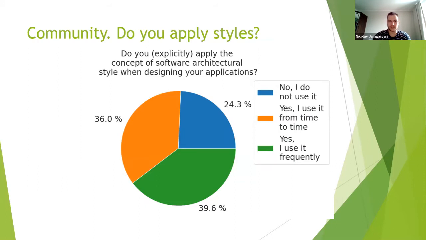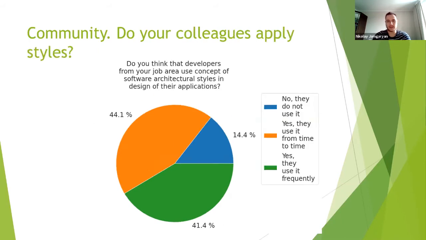But the next question was to find out, do they really value this concept? We asked the developers whether their colleagues apply these concepts. And here we can see that only 15% think that the concept of architecture styles is not applied in their whole sphere.